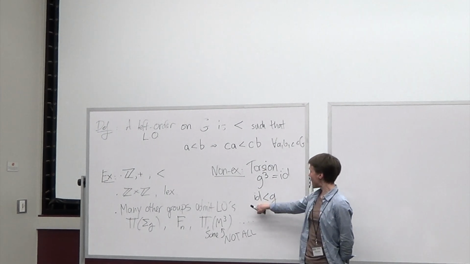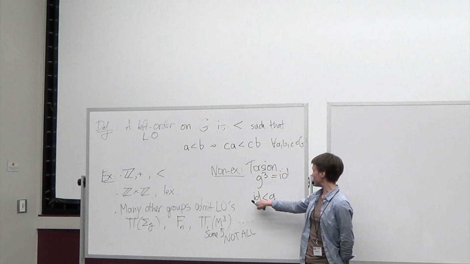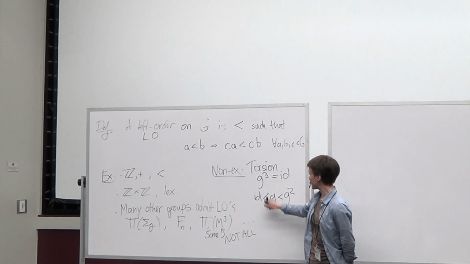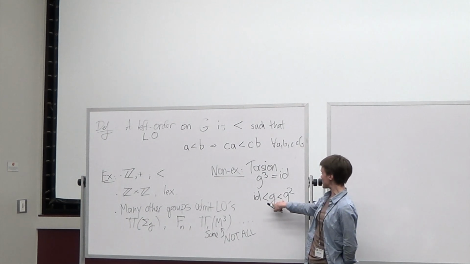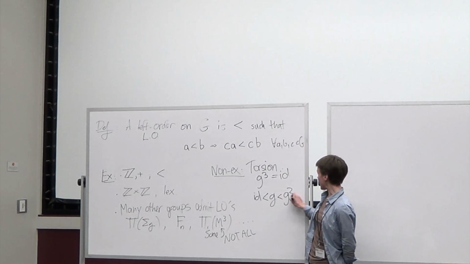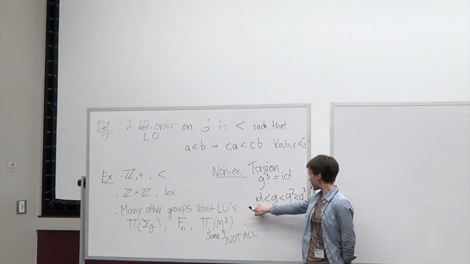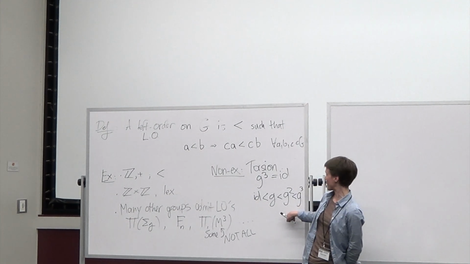But I could left multiply this, and I get that G is less than G squared. Then I could left multiply this by G again, and I get that G squared is less than G cubed. But oops, that contradicts transitivity of a total order.